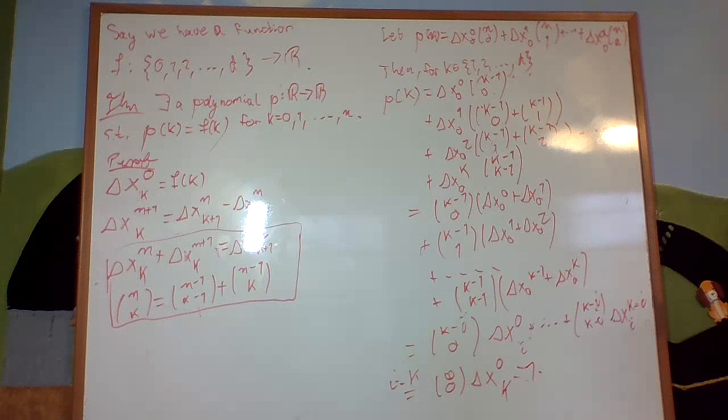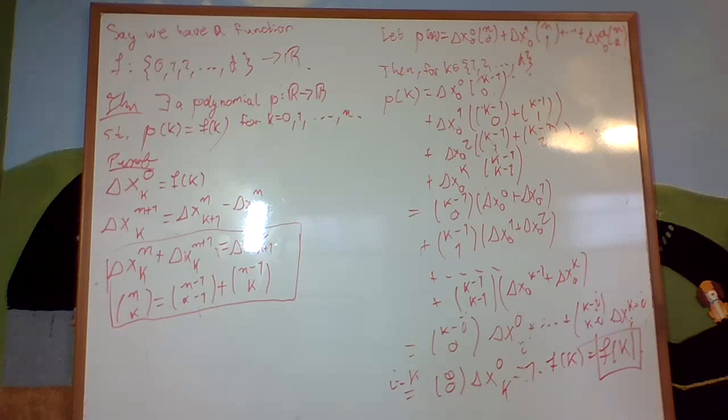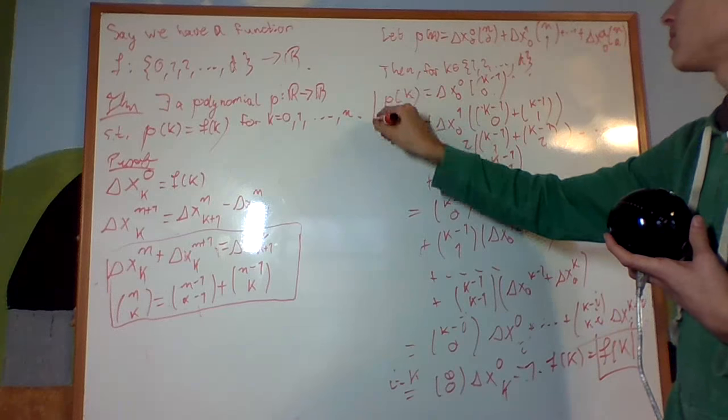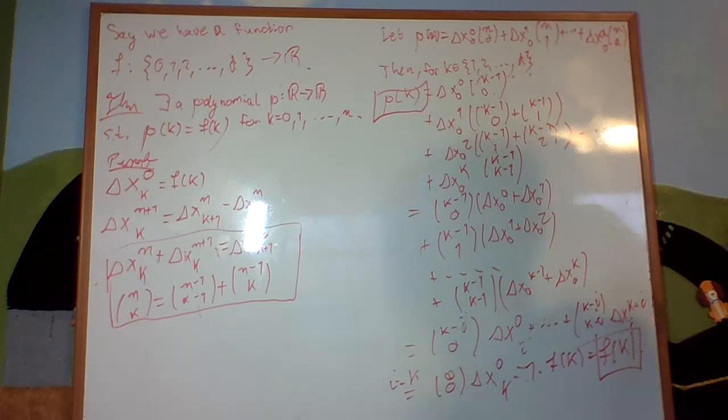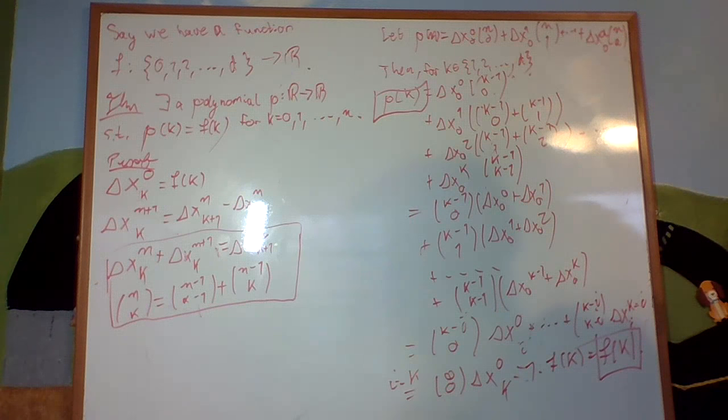Delta x 0 k is, by definition, f of k. 1 times f of k, that's f of k. And so what I proved is that this polynomial, p of k, is equal to f of k for k an element of 1, 2, 3, all the way up until d.